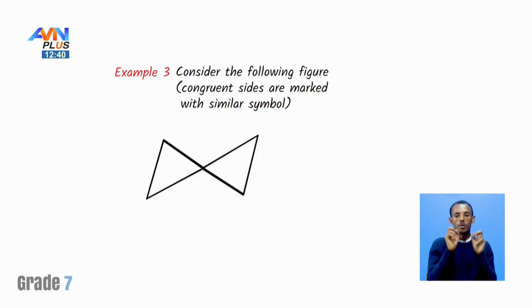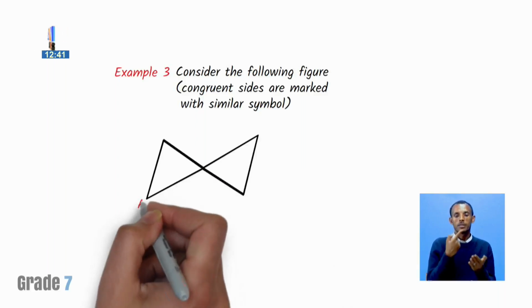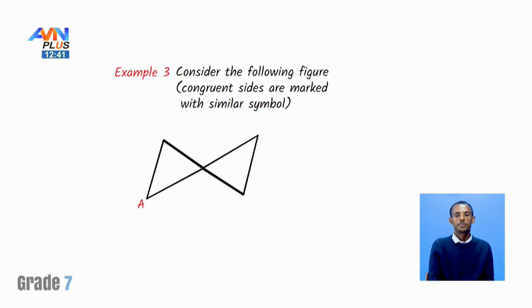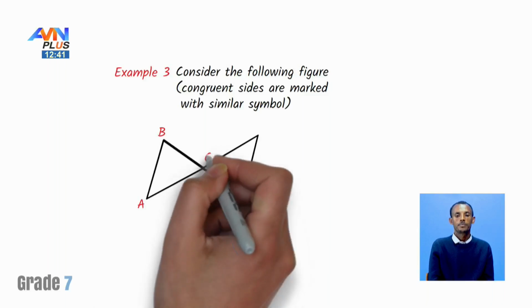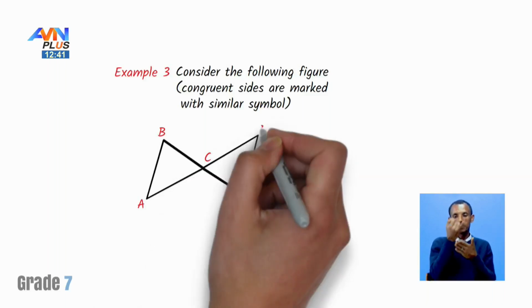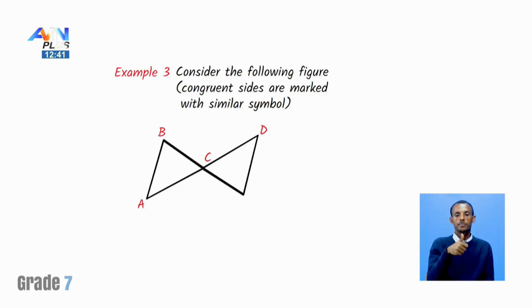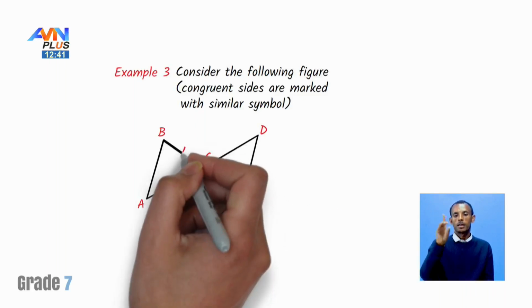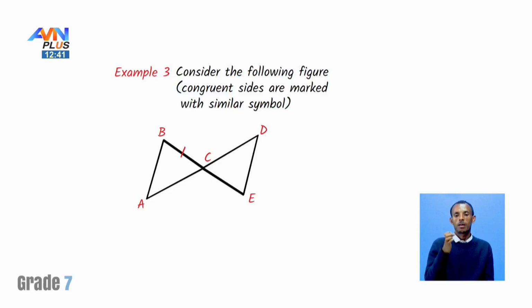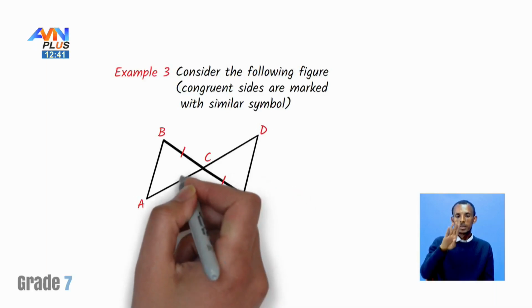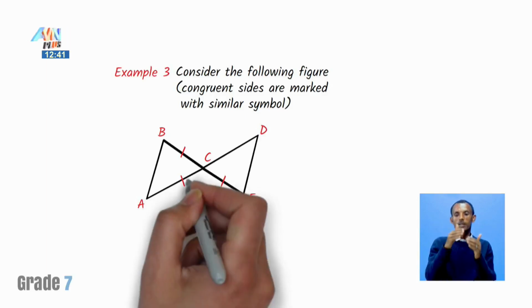Okay, let's take this one. Here it is A, B, this one is C, D, E. So this side BC is congruent to side EC.